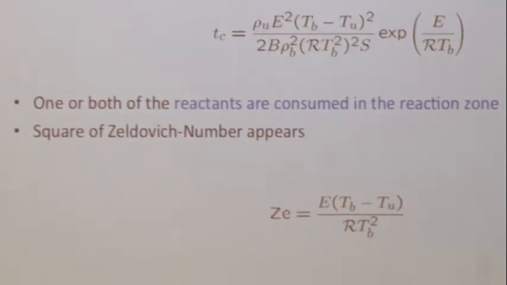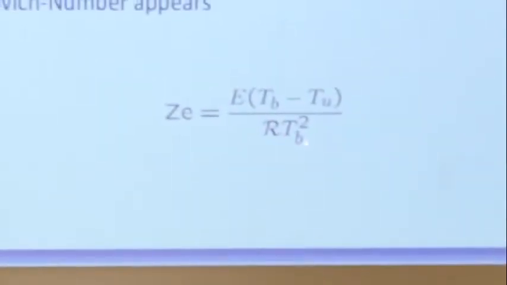Okay, we said earlier that combustion is self-accelerating and non-linear because you have a heat release, and that makes reactions fast. But how strong the effect of a temperature increase is on the reaction rate, that is determined by the activation energy. Again, if activation energy is 0, there's no temperature dependence, right? If it's very, very large, then you have very, very strong influence. So this ratio of activation energy, or this is a non-dimensional activation energy, E over RTb.